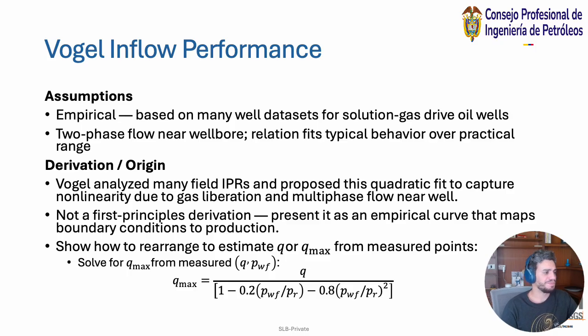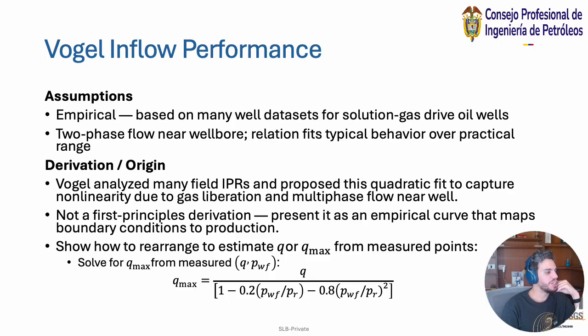The way it worked is that Vogel analyzed many fields, and he proposed this quadratic fit to capture the nonlinearity due to the gas liberation and the multi-phase flow near a well. It's not a first principles derivation, so it's presented as an empirical curve that maps the boundary conditions to its production.